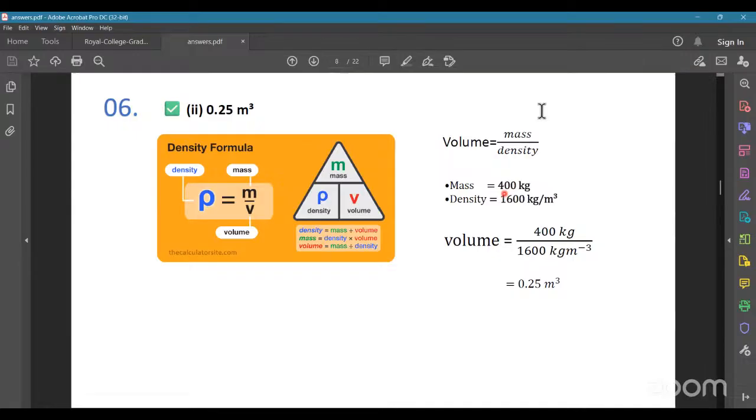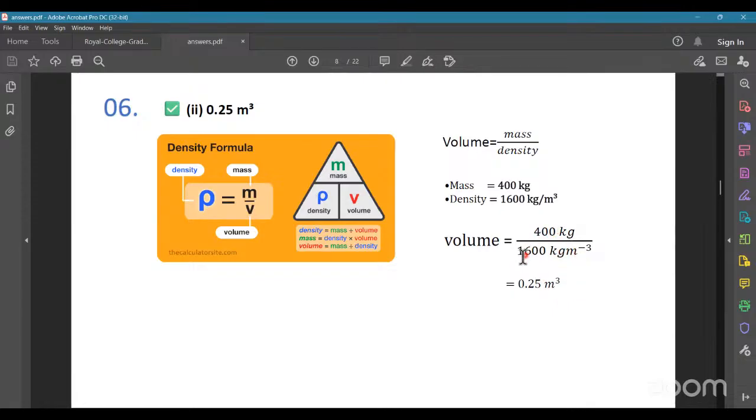So you understood this equation, how it came, right? Density equals mass divided by volume. So here we have to exchange the density and volume. So if we need volume, volume equals mass divided by density. So you have to pay attention to the units too. The mass is given in kilogram and the density is given in kilogram per cubic meter.